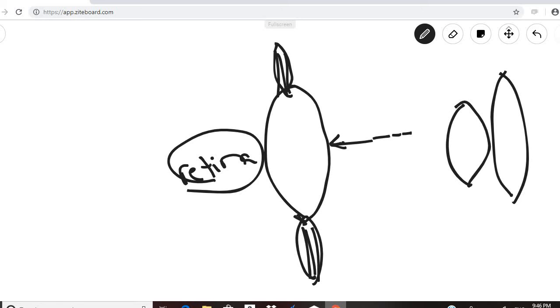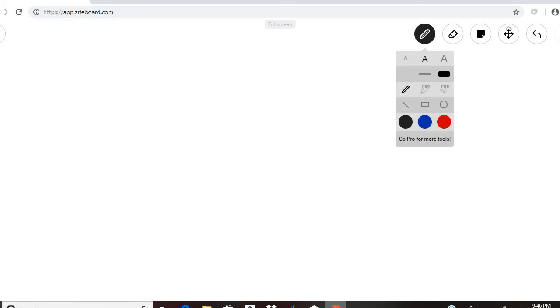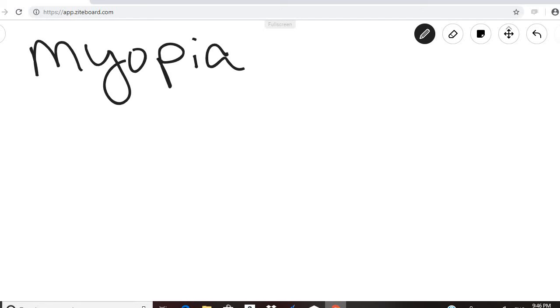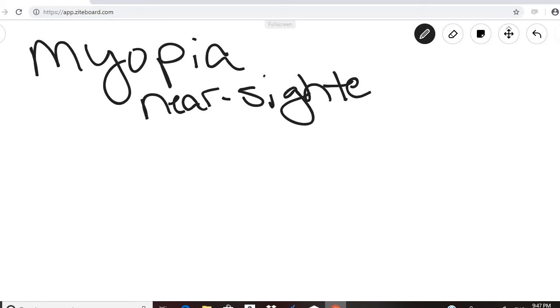Now you probably know, some of you I'm sure wear glasses, so not all of our lenses work perfectly. So there are two conditions. One is called myopia. This is called nearsightedness. Most people who wear glasses are nearsighted.